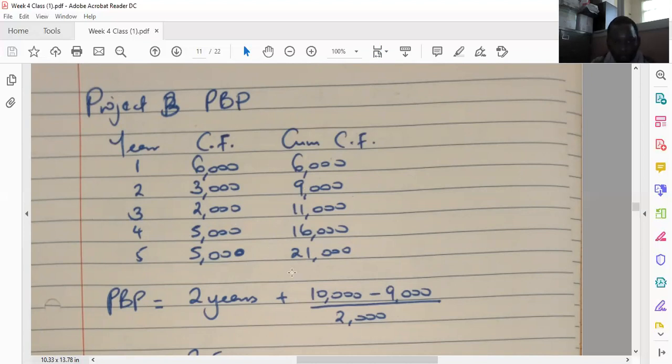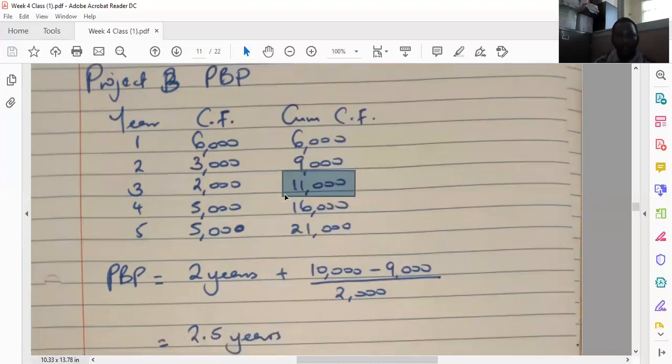So we get the cumulative cash flows. For year 1, the total cash flow received from the project is 6,000. Year 2, the total amount received from the project is 9,000, so that is 6 plus 3. Year 3, the cumulative cash flow is 11,000. That is 6 plus 3 plus 2, or 9 plus 2.